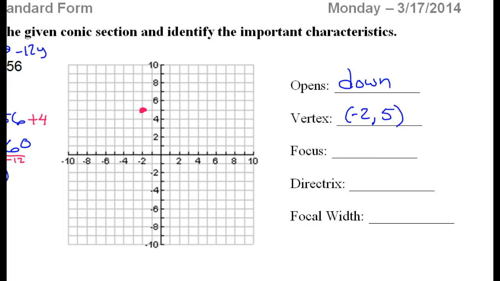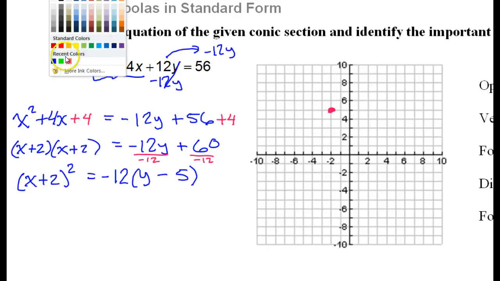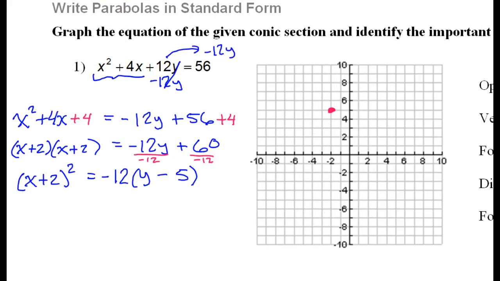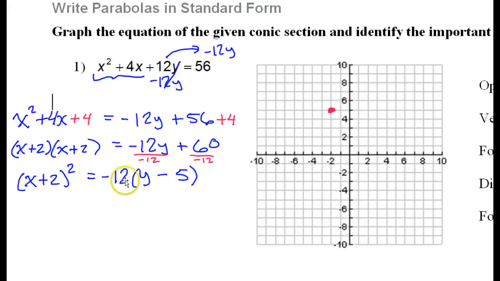Next, we need to find the focus. But in order to find the focus, we need to find P. When you're looking at standard form, the number in front is really 4 times this value P, 4P. We need to know what P is. So, since this negative 12 is in the 4P position, 4P equals negative 12.